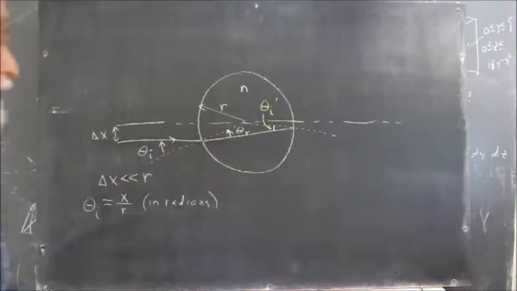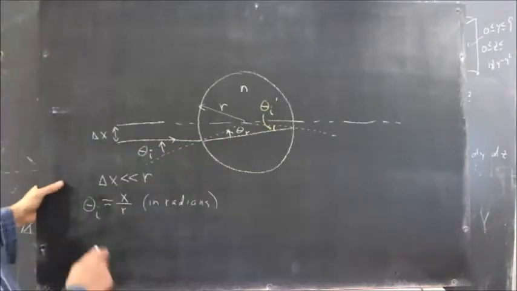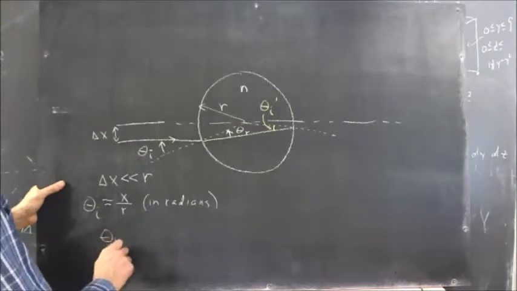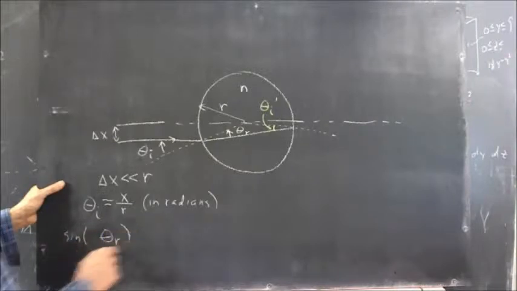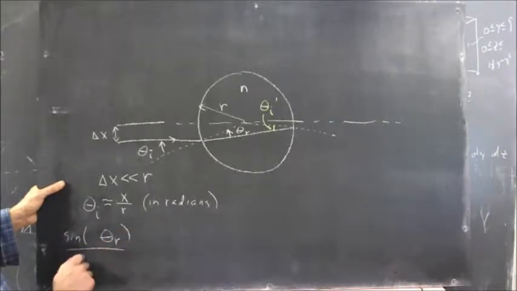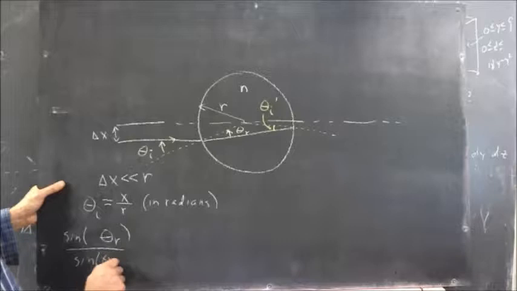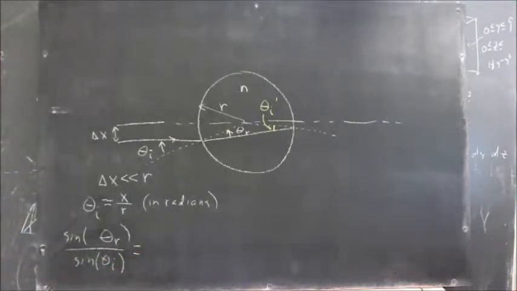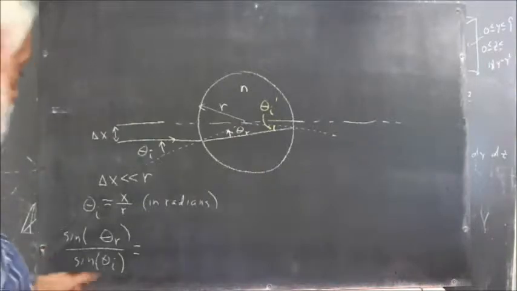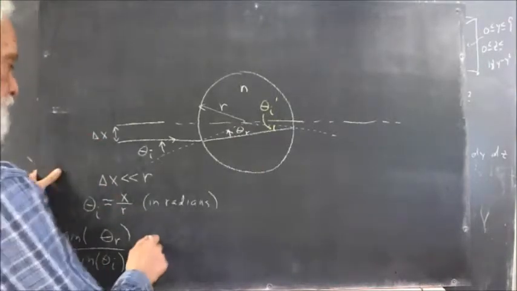So let's proceed to just write out the expression for theta sub r. We know that sine of theta sub r over sine of theta sub I is equal to what? It's going to be the index of refraction of the air, which we take to be 1.